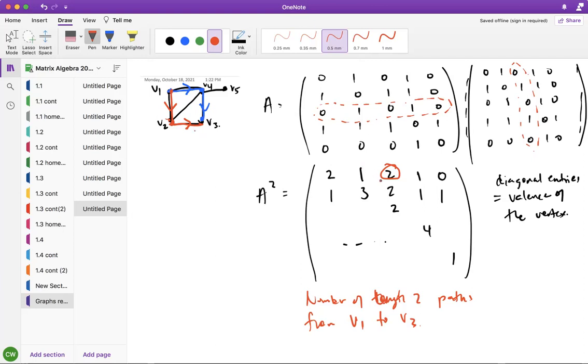So for example, there should be a row with 2, 1, 2, 1, 0 in the square of an adjacency matrix of any graph that's isomorphic. So yeah, that takes care of the powers of the adjacency matrix.